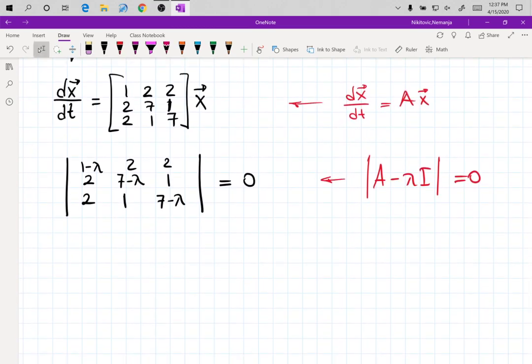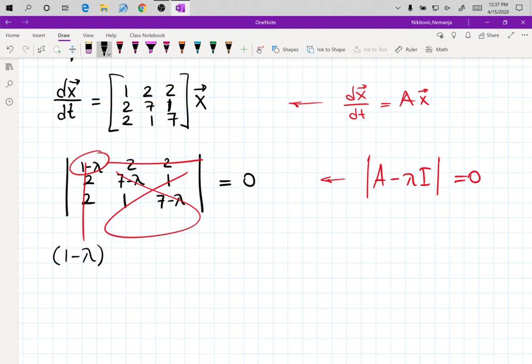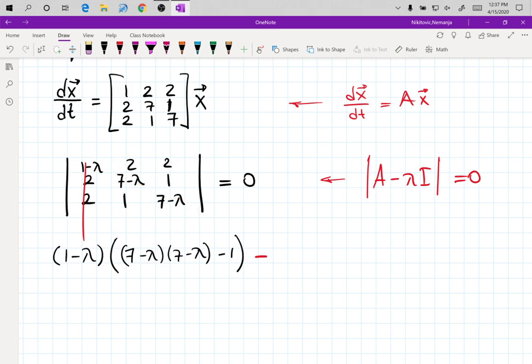So now we have to find the determinant, which is going to take about a year. Remember, pivot, and then we do this, right? So we start with 1 minus lambda, and then in this parenthesis we have 7 minus lambda times 7 minus lambda, minus 1, and that's for the first one. Then you have the minus in the formula when you jump to the second one, which takes out a row and a column.